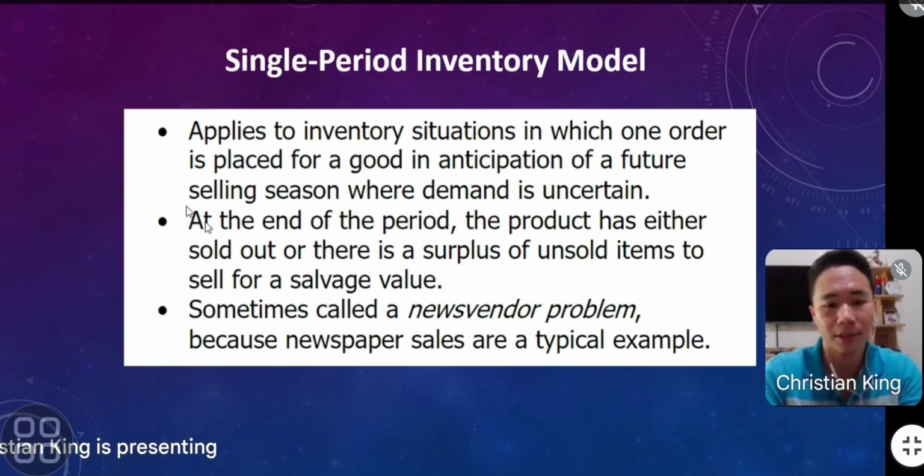This is sometimes called a newsvendor problem, because newspaper sales are a typical example, where a newspaper article shows this graph or indicator of demand being bigger or lower.